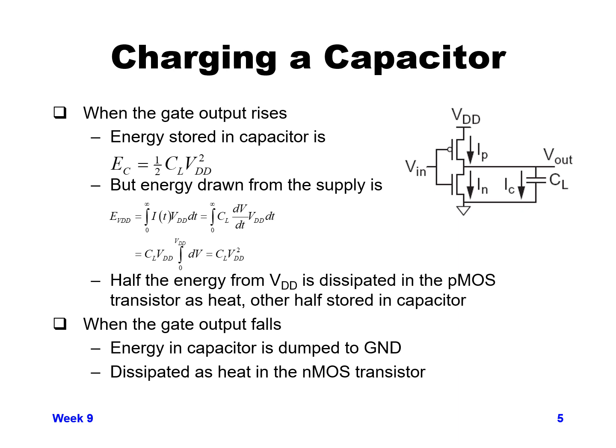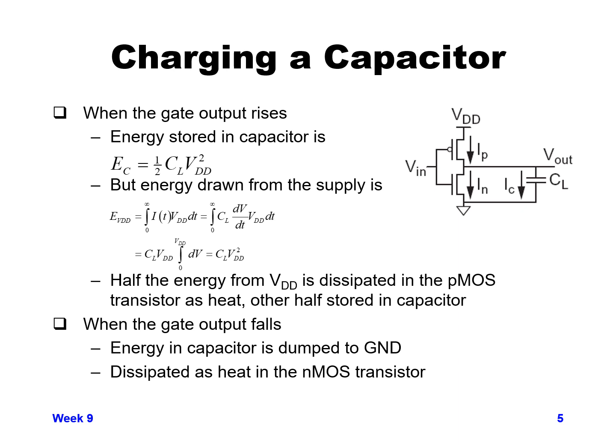So the total energy drawn from the supply is CV squared, but the energy stored in the capacitor is 1/2 CV squared. So half of the energy from the VDD supply is dissipated in the PMOS transistor as heat as you're trying to store charge in the capacitor. Half of it is dissipated in the PMOS transistor, and the other half of the energy is stored in the capacitor.